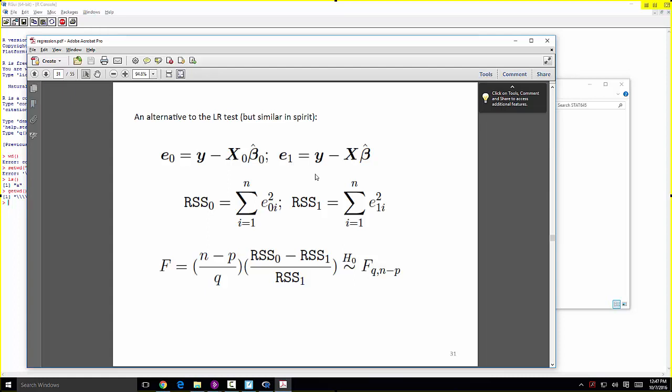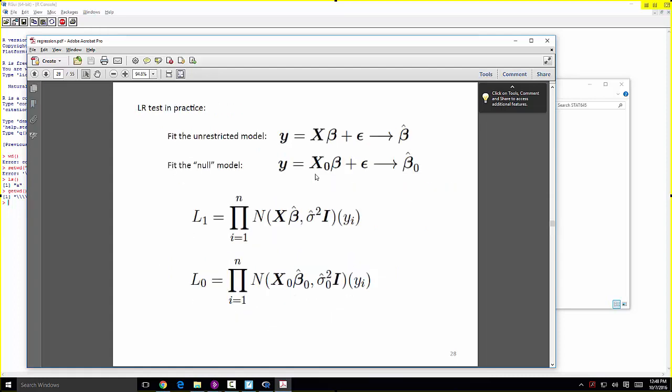Namely, we fit two models. We fit the original unrestricted model that we started with. This is the model we think is appropriate. And then also fit the model that is true if the null hypothesis is true. So we fit an unrestricted and a restricted model. And once we have done that, we can easily do a likelihood ratio test and an F-test.